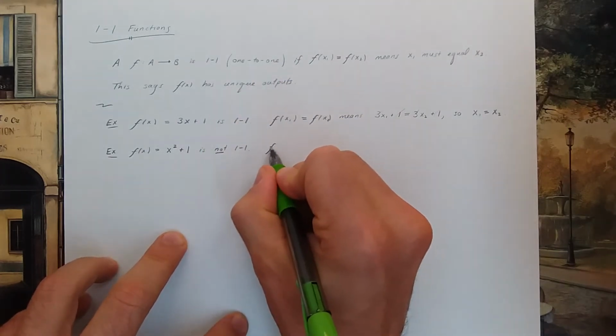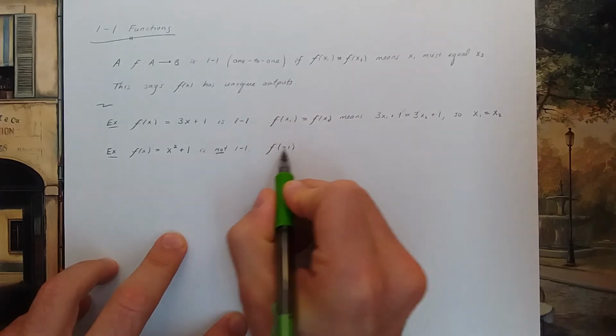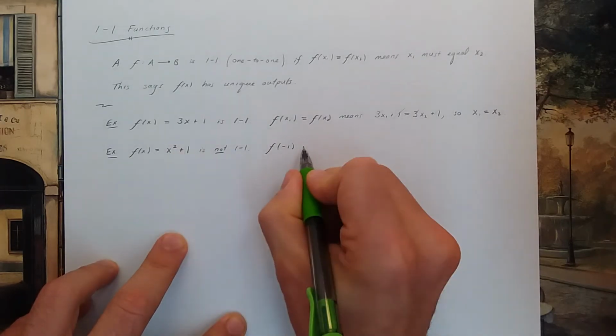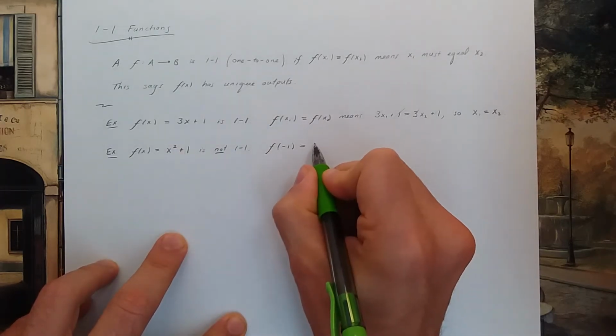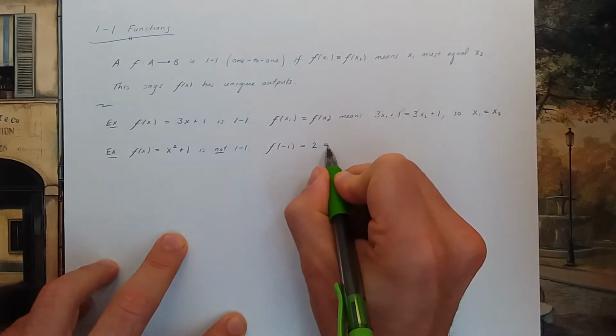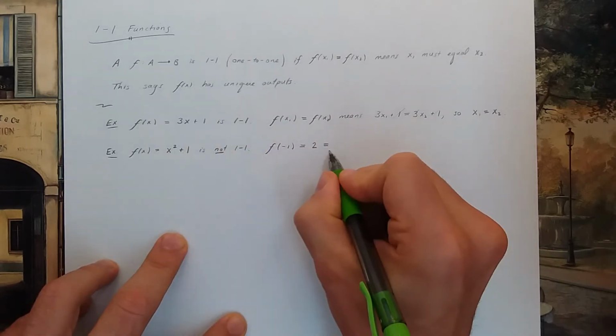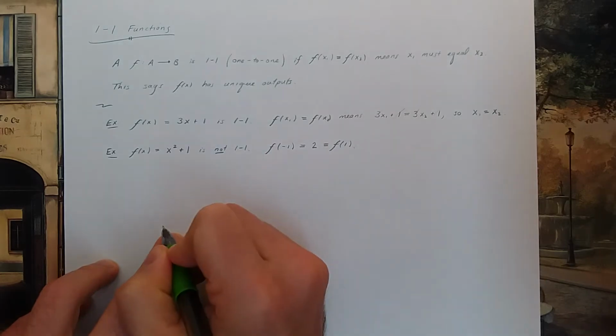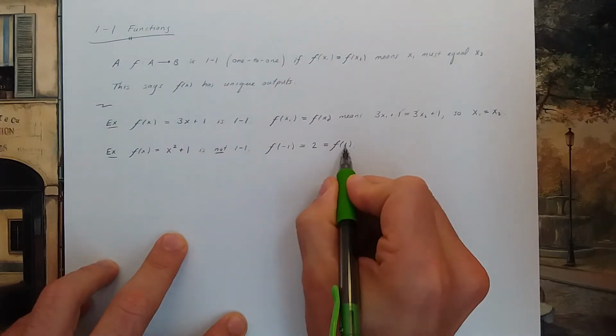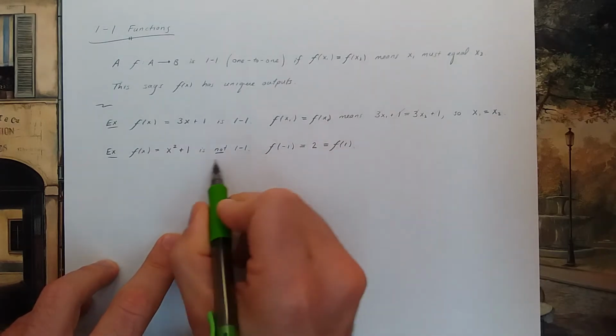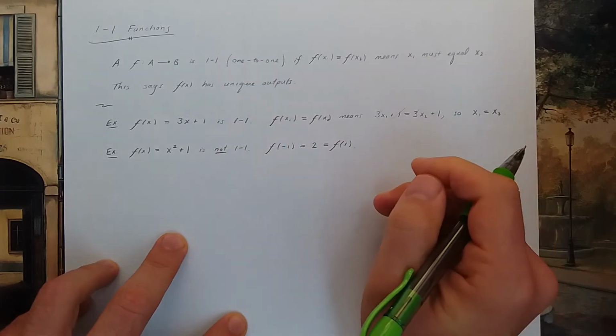In particular, you could plug in -1 for x. If you plug in -1, you get 2. And that's the same value you get if you plug in +1. So plugging in two different values gives you the same output. That means the function is not one-to-one.